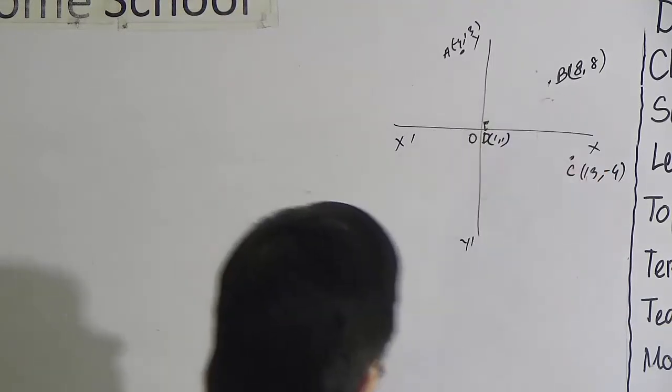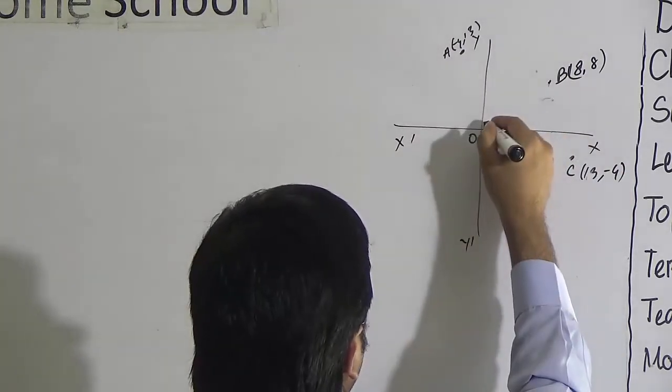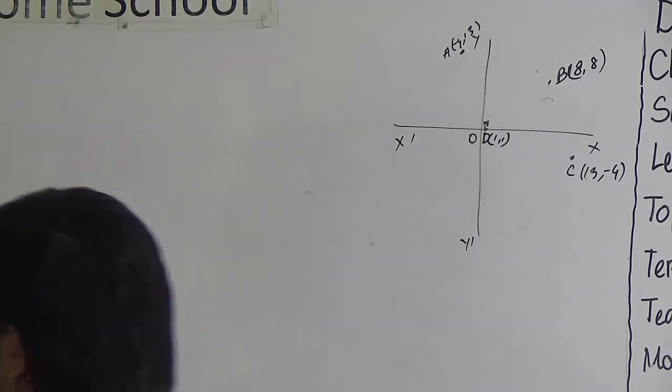So if we consider these 4 points A, B, C, D, the quadrilateral will be ABCD.